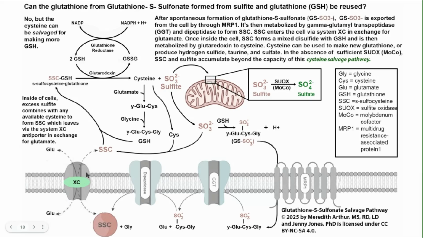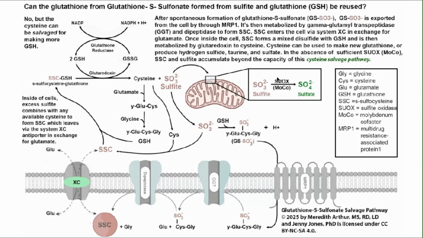So once the SSC gets inside of the cell, a glutathione is going to help to make S-sulfocysteine glutathione, and then glutaredoxin will convert it to cysteine and sulfite, and then the sulfite should move along to the mitochondria and be detoxified by sulfite oxidase.